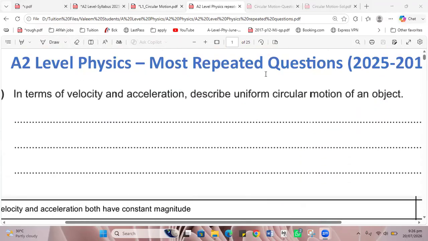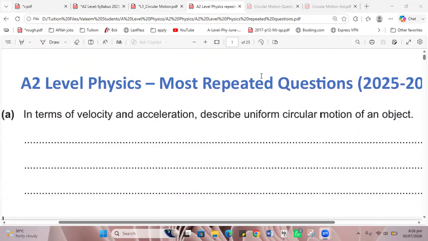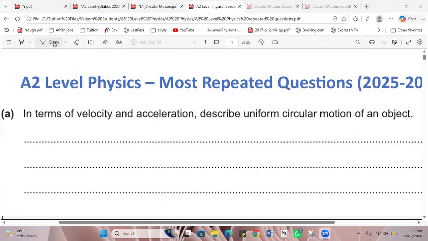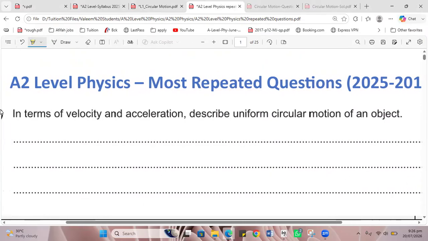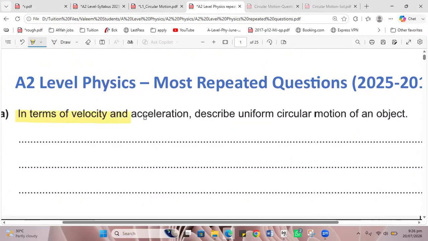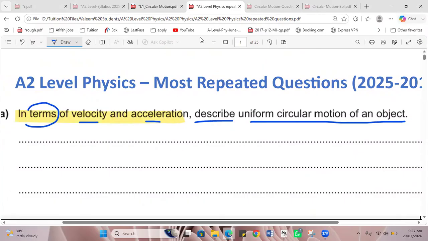Okay, now I have a short little question, it was a past paper question. It was just for 2 marks. In terms of velocity and acceleration, describe uniform circular motion of an object. In terms of velocity and acceleration, you are supposed to describe uniform circular motion of an object.